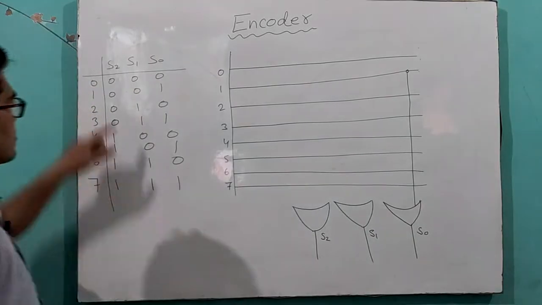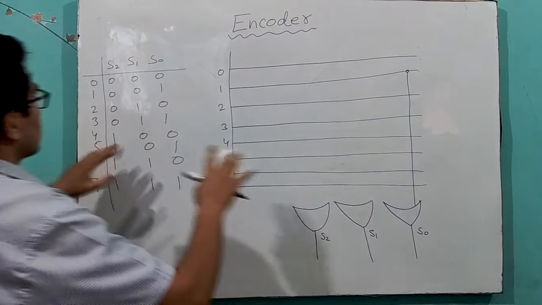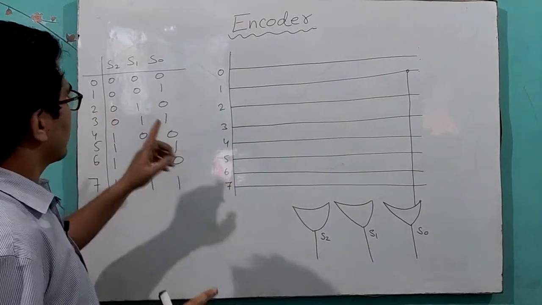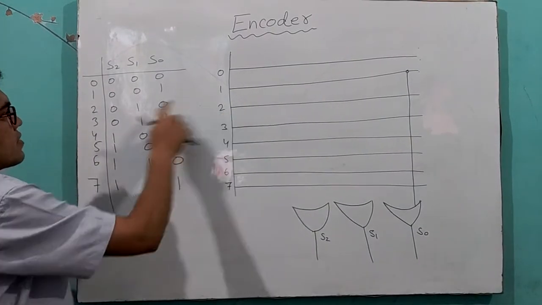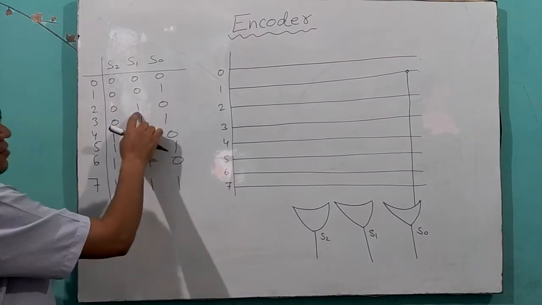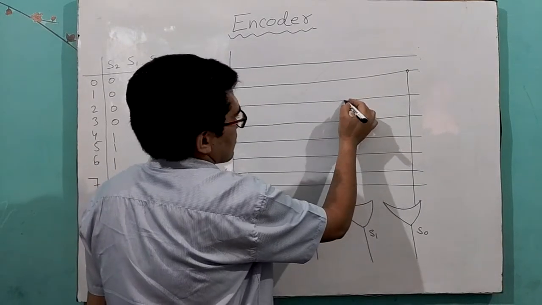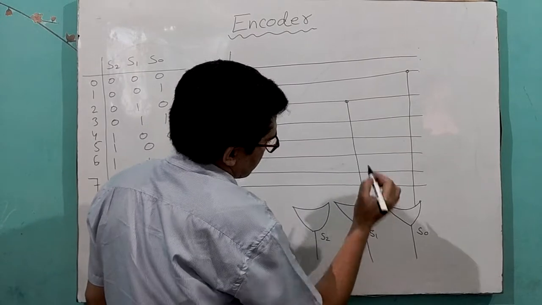Since both of these are 0, there is no need to connect anywhere else. Next, 0 1 0. Now we have to connect this line to the gate S1. So this line we will connect to S1.